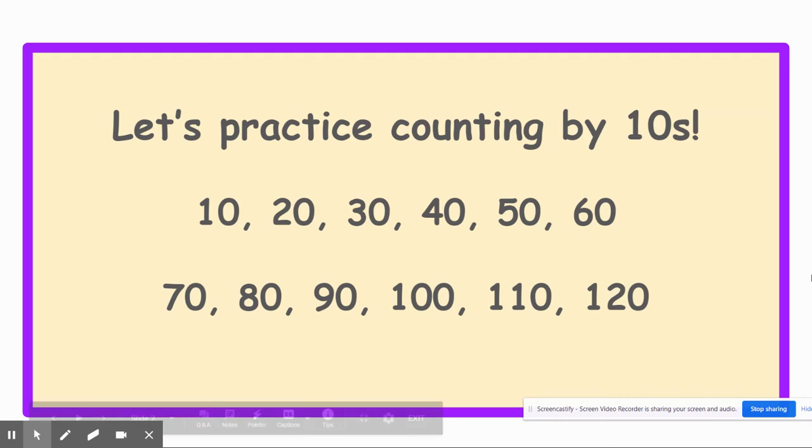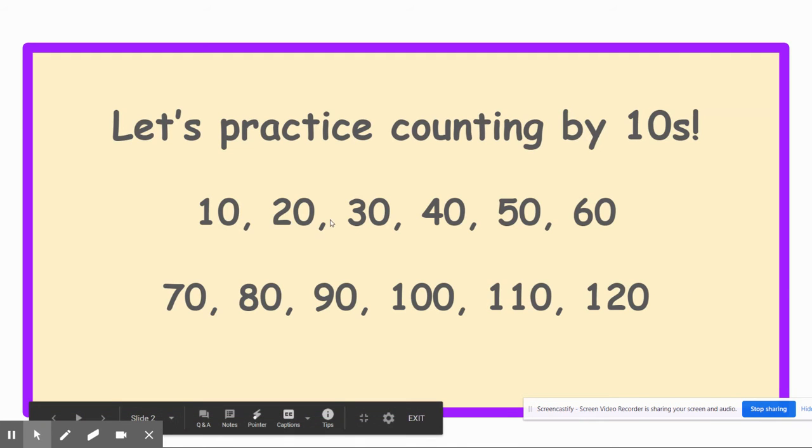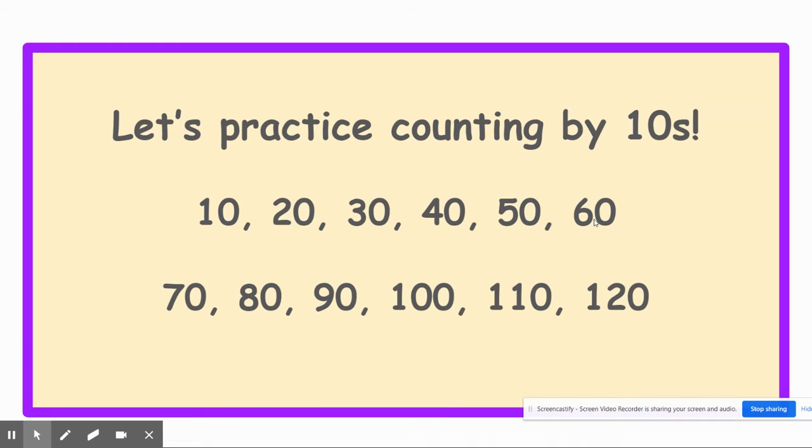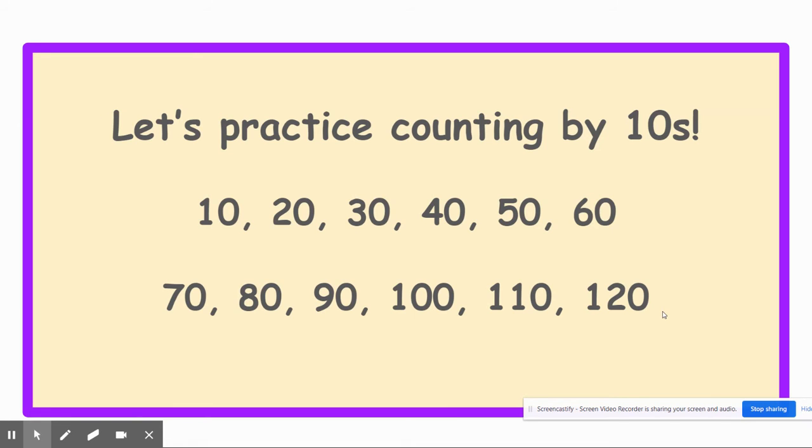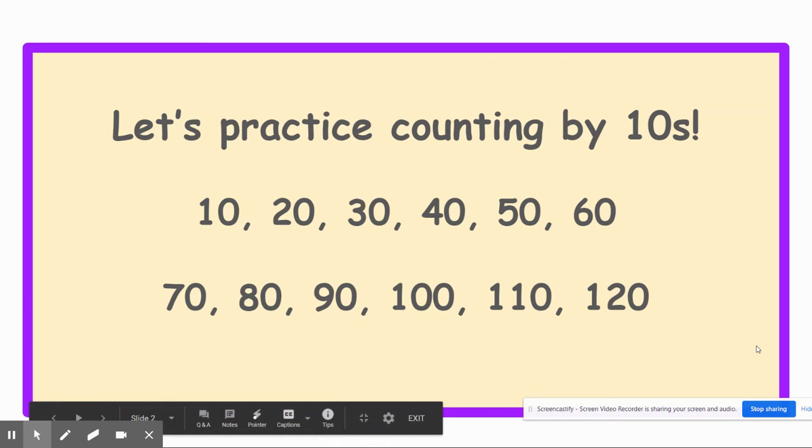Say it with me. 10, 20, 30, 40, 50, 60, 70, 80, 90, 100, 110, 120. In addition to us having just counted by 10, what else do these numbers have in common? Look carefully. They all have 0 ones. Very good.